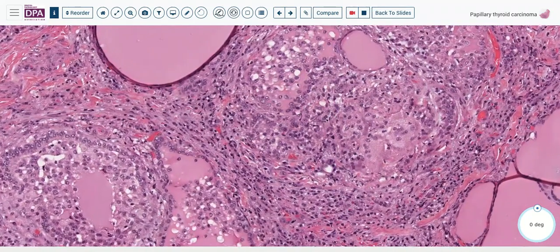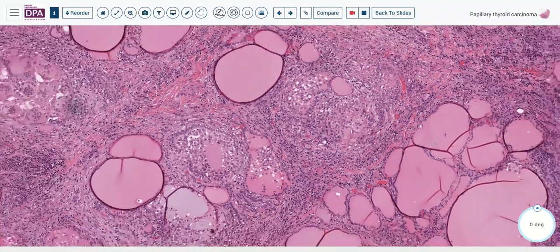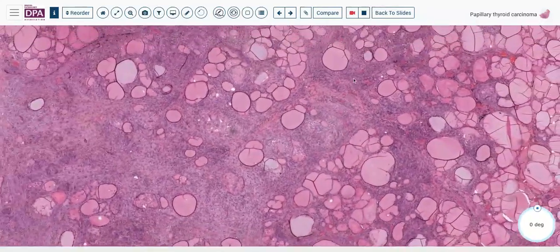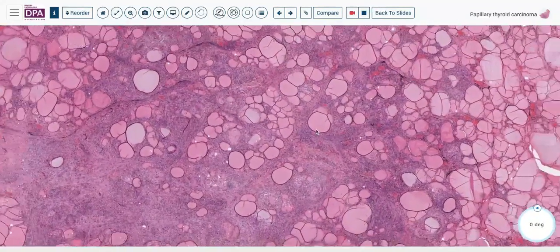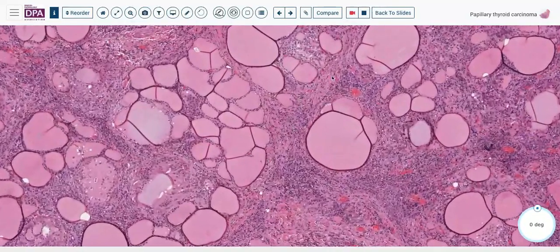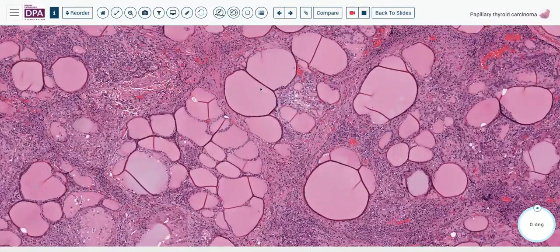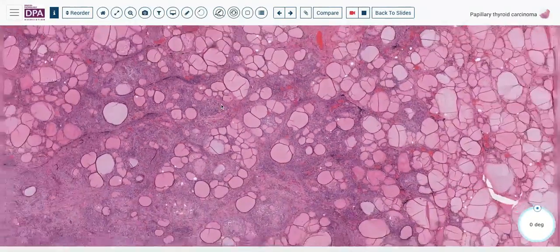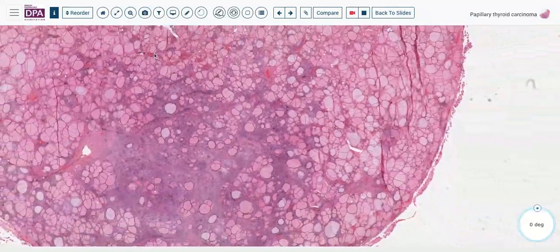And so sometimes getting a little bit of a granulomatous response may be confusing. We shouldn't be thinking of granulomatous thyroiditis until we have excluded papillary carcinoma. And as we've mentioned, sometimes that can be multifocal. So a little bit subtle in that particular slide.